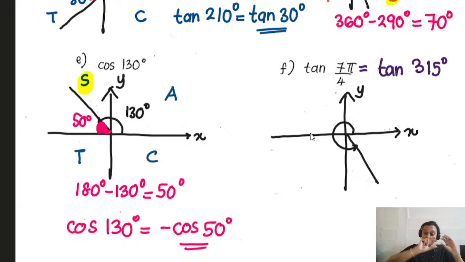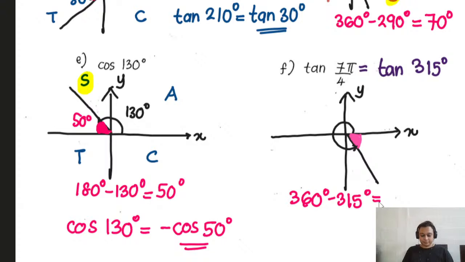Then you want to change it to a smaller angle, right? So you have to find the one touching the x-axis. Which one touches the x-axis? This part. So you need to know how much it is there. So we take 360 minus 315, which is 45.